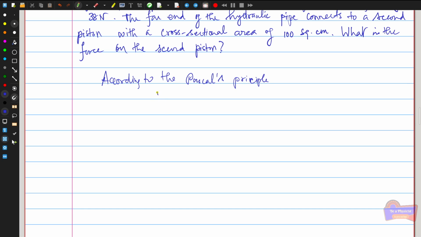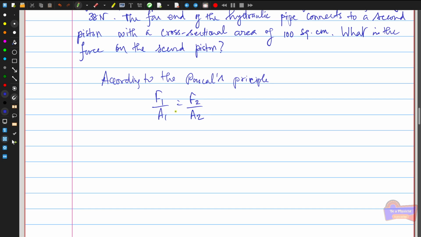F1 divided by A1 is equal to F2 divided by A2, where F1 and A1 are the force and cross-sectional area of the input piston on the input side, and F2 and A2 are the force and area of the second piston.